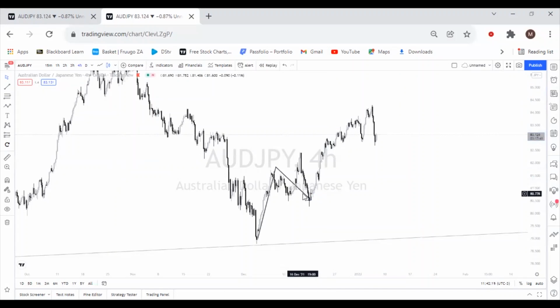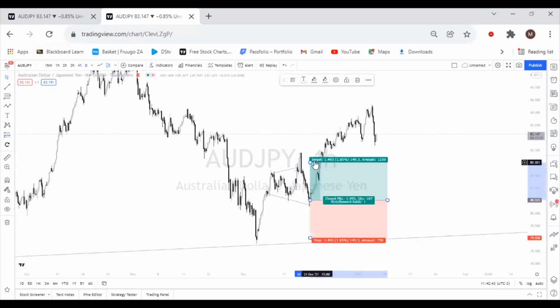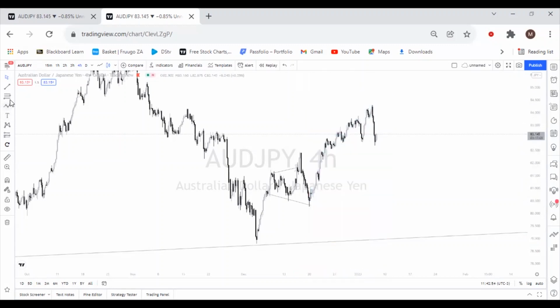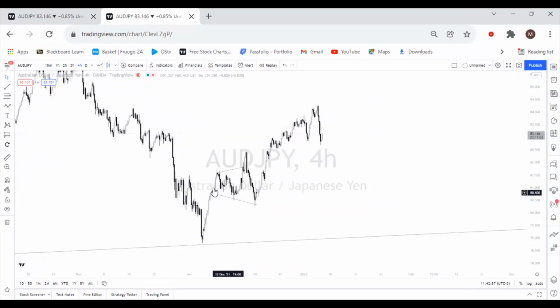What's next from there is you need to spot your corrections, or in our case your flag or pattern. So this was a nice bullish flag. We could have executed at this point, and to the upside, as you can see, this is almost a 5% trade, which is very, very lucrative. So that was our first entry.